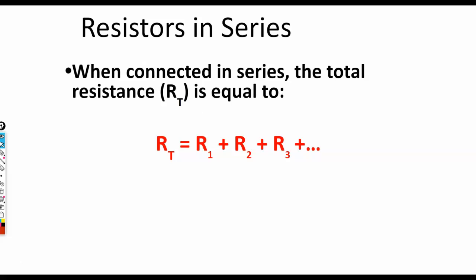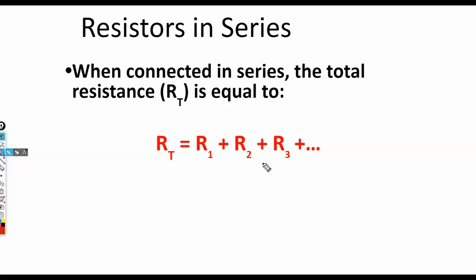When you're connected in series, the total resistance is equal to R1 plus R2 plus R3 plus dot dot dot. R1, R2, R3 are the resistances in your circuit. Usually those are given to you in the circuit diagram. And the plus dot dot dot just means you would keep adding however many you have.